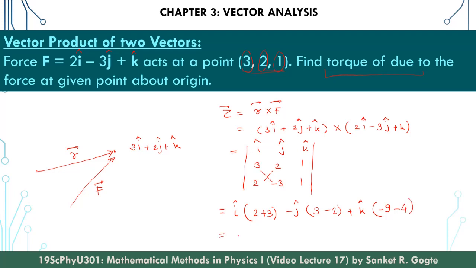Therefore this is equal to 5I minus J minus 13K. So the torque is now a vector quantity, and it is given by this vector.